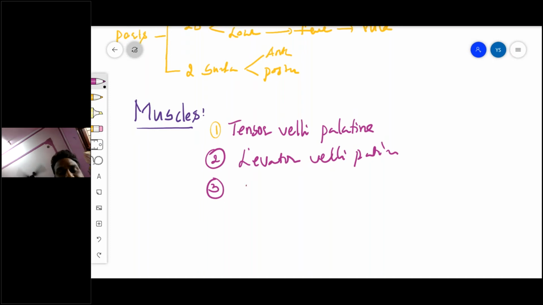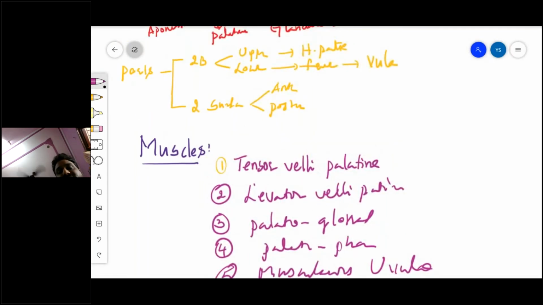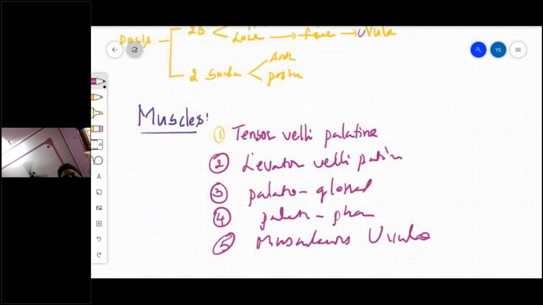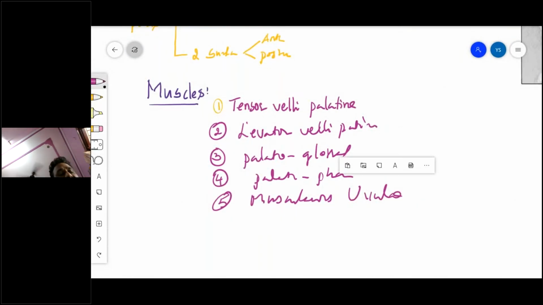Number 3, palatoglossal. Number 4, palatopharyngeus. Number 5, muscularis uvulae. So these are the muscles of the soft palate. Is it clear?